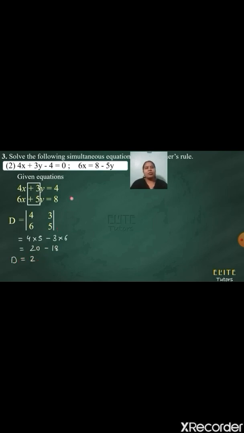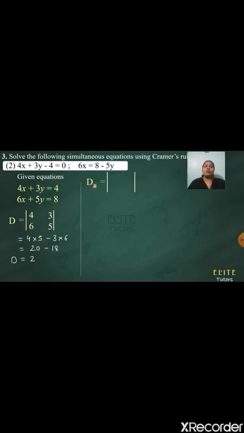Now like this only we need to get the determinant of x, that is dx, and determinant of y, that is dy. So let us start with dx. Dx is nothing but, in the place of x, now we have to write constant, that is c1 c2 b1 b2. c1 c2 is 4 and 8 and b1 b2 is 3 and 5.